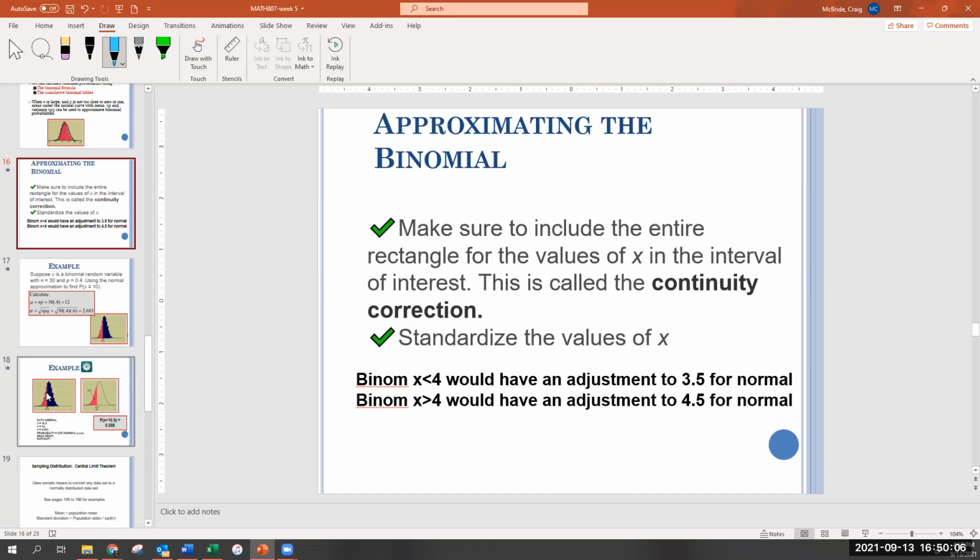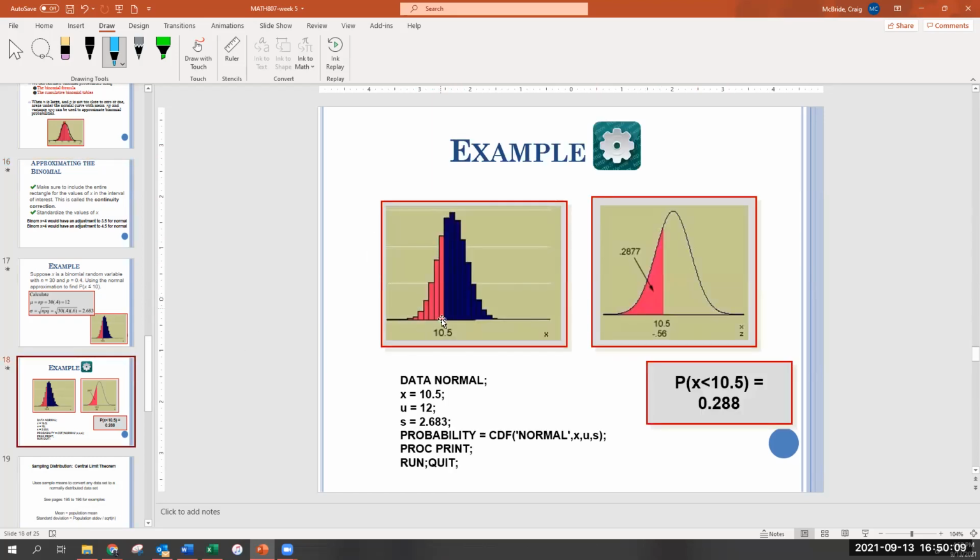Pictorially, you have these little bars, and each bar represents the probability of that precise number in a discrete distribution. When you fit the continuous curve over it, the bar is centered on the number. So if this last red bar represents the probability of getting a 10 in this experiment, then the right-hand edge of that bar is halfway between the 10 and the 11, the next bar.